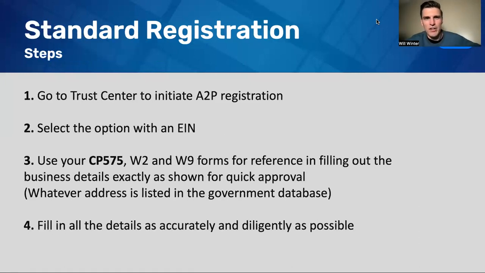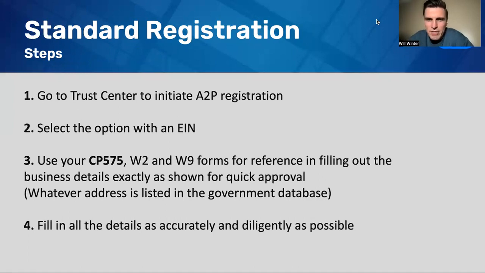So we'll start with that standard registration here. You're going to go straight into the Trust Center to initiate the registration. You select the option with EIN. It will ask you yes or no. Here's an important note. The information that you are submitting needs to match the official government documents or database.